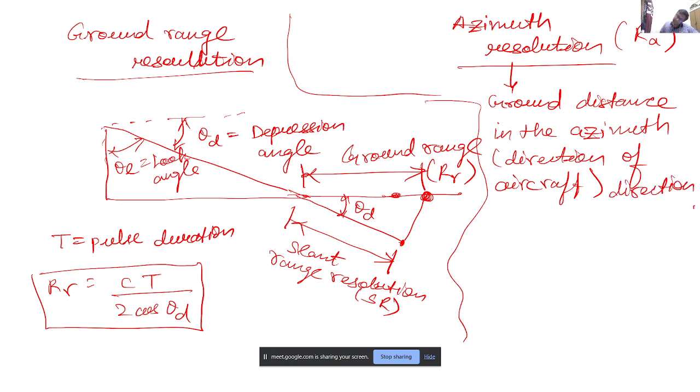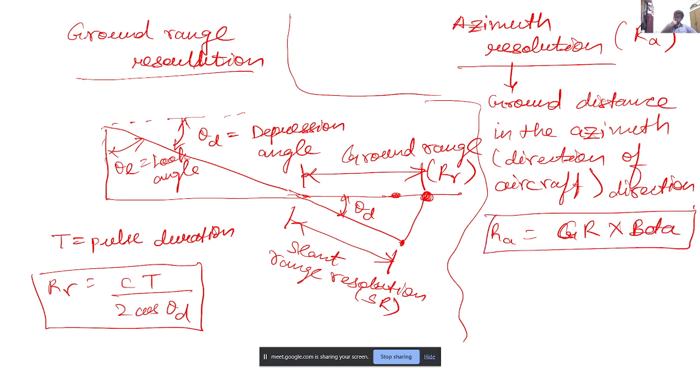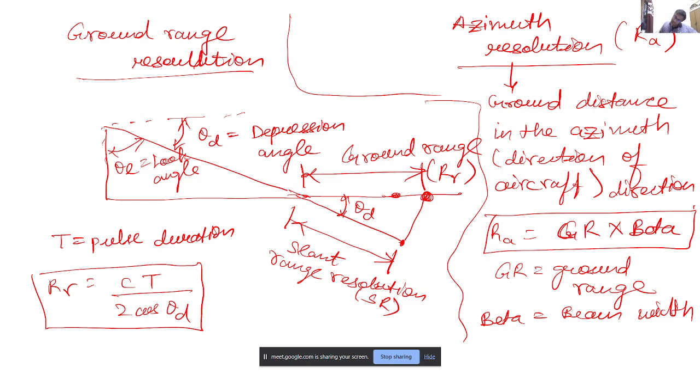Okay, so the equation is Ra is equal to Gr times beta, where Gr is the ground range and beta is the beam width. And beta is related to the wavelength as well as antenna length, as wavelength by antenna length.